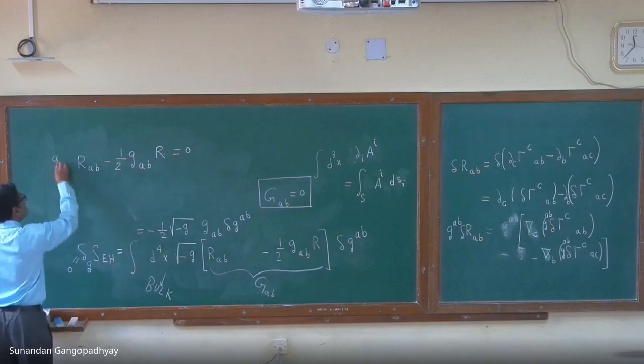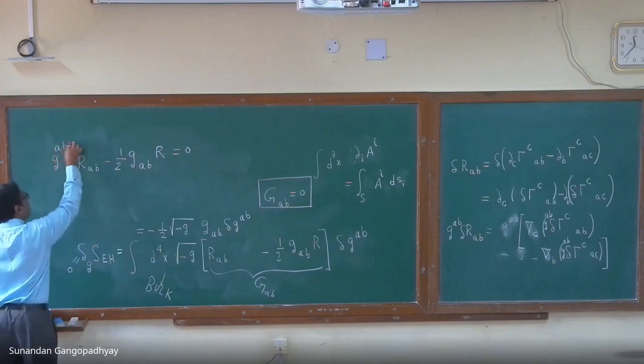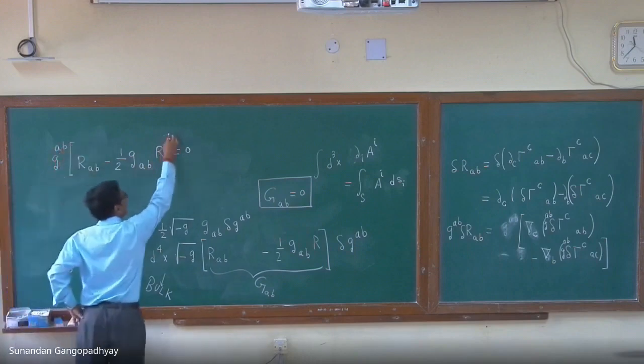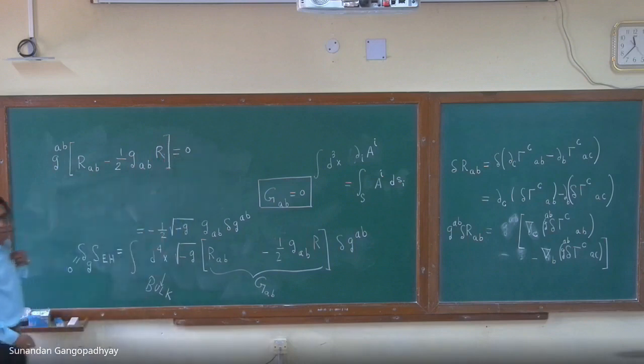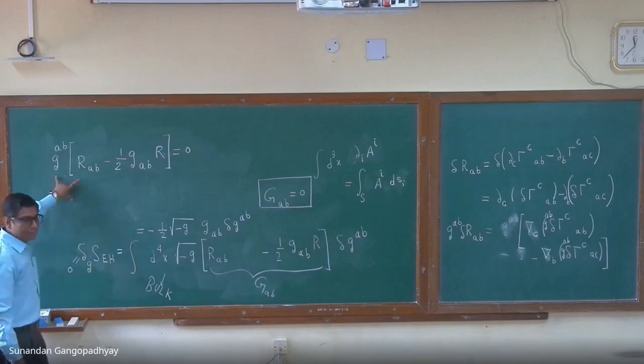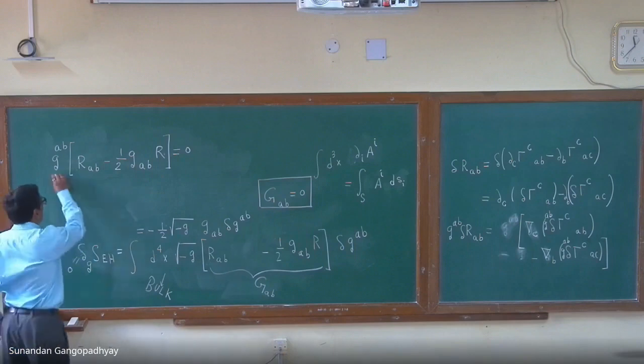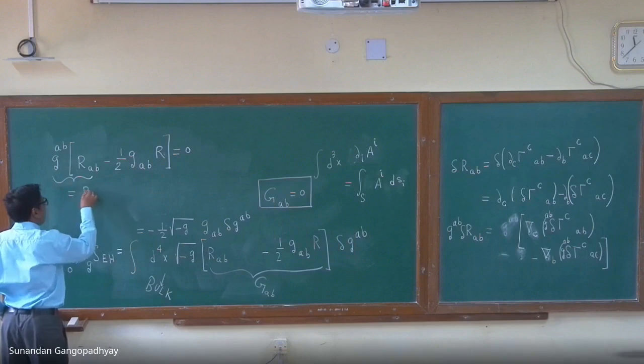What we do is contract this equation with g^ab, contravariant g^ab, on both sides. Right? So if you contract, what is the first term? Very good. This part is R.